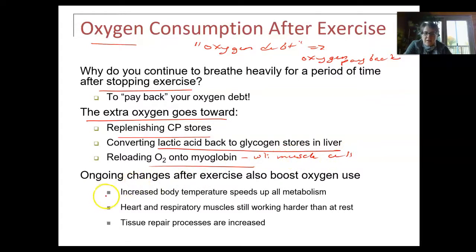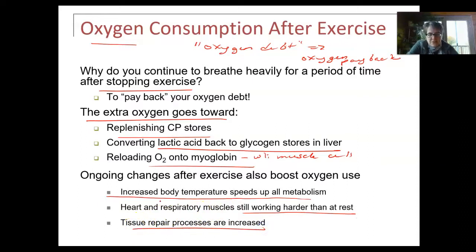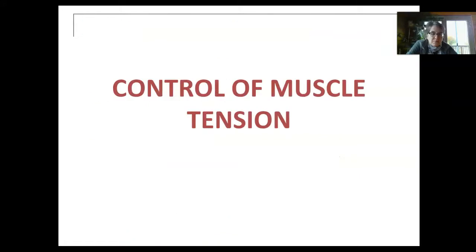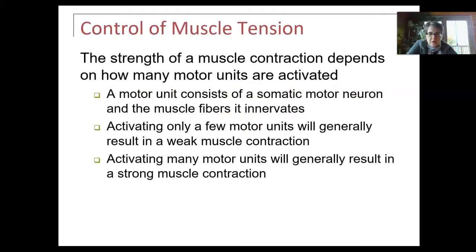And because we have increased body temperature, everything's working a little bit harder. And I have to repair some damaged tissues, as well as take care of my heart and respiratory muscles.